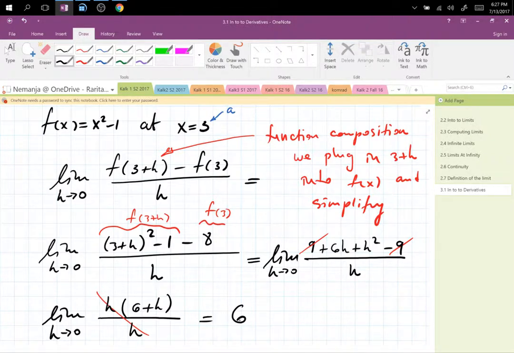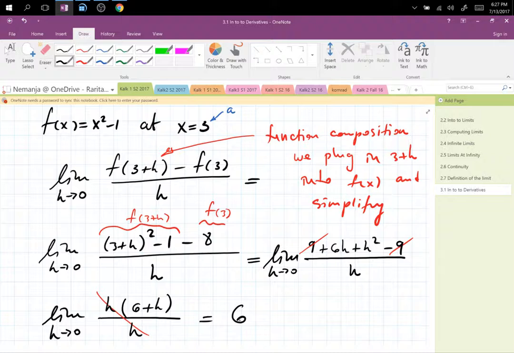Now, what would happen if someone, once you were done with this, said, oh, I didn't need it for 3, I'm sorry, I need it for 2. What do you have to do? Restart from scratch. You have to redo every single step. It's the same function, but now we have to use 2 plus h. Now 2 plus h is going to change when you square everything out, right? And then it's not f of 3, it's f of 2.